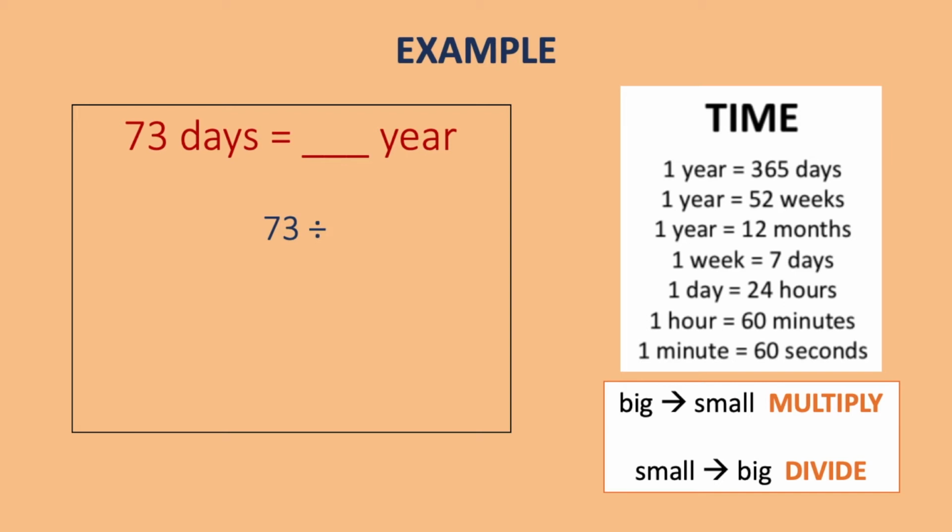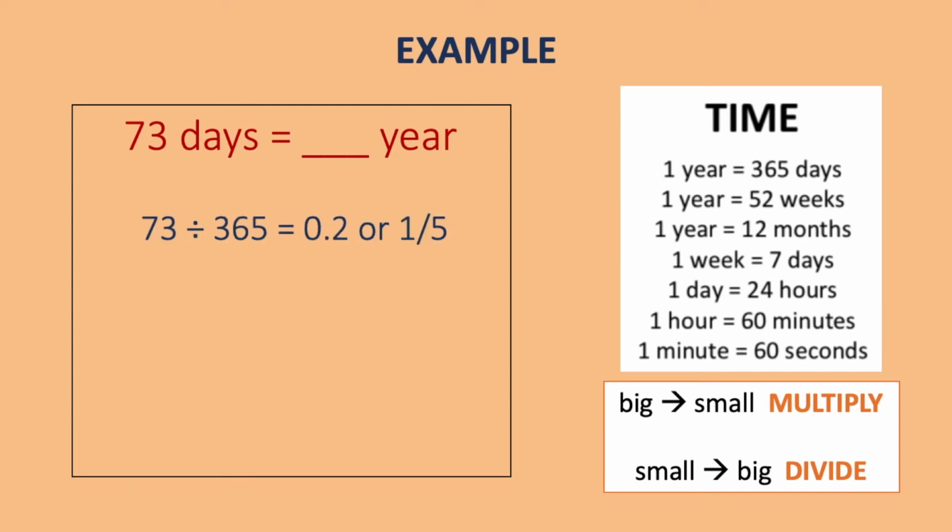So we have division, and we know that there are 365 days in 1 year. So we're going to divide 73 by 365. When you do that, you find that 73 divided by 365 is 0.2 or 1/5. So we know that 73 days is 1/5 of a year.